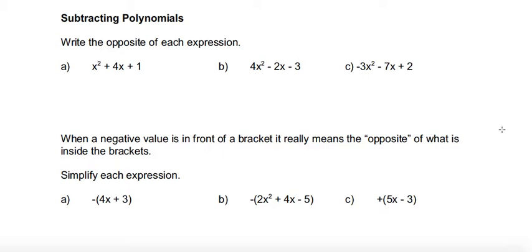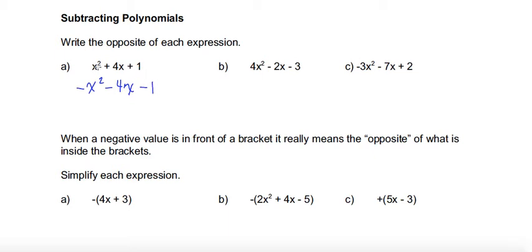So the opposite expression would be the same numbers or same letters and the opposite signs. So instead of a positive x squared, I'm going to write negative x squared. Instead of a positive 4x, I'm writing negative 4x. And instead of positive 1, I'm writing negative 1.